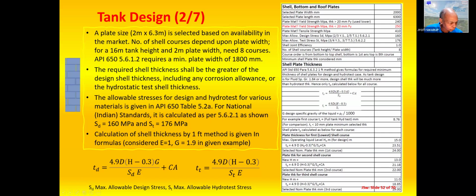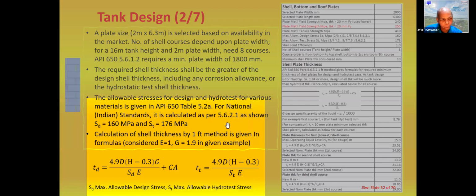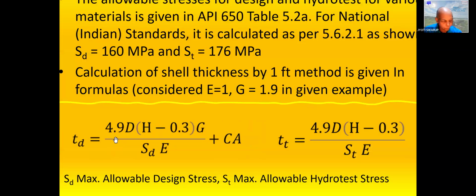Calculation of shell thickness by the one-foot method is done using this formula: 4.9 D (H − 0.3) G / (S_d E) plus corrosion allowance. D is diameter, H is height, G is the specific gravity, E is the joint efficiency, Sd is the design allowable stress, and St is the hydro test allowable stress.